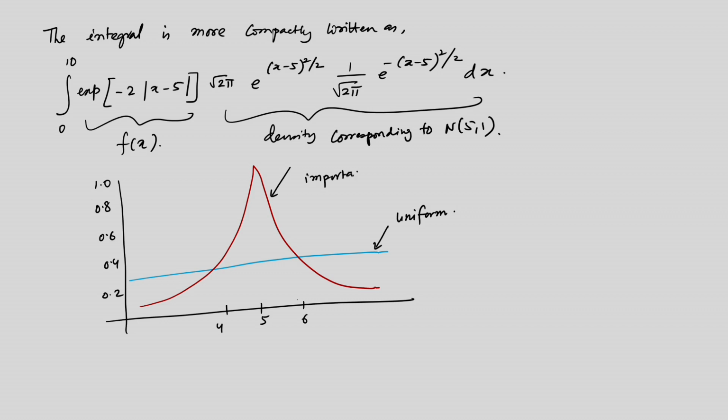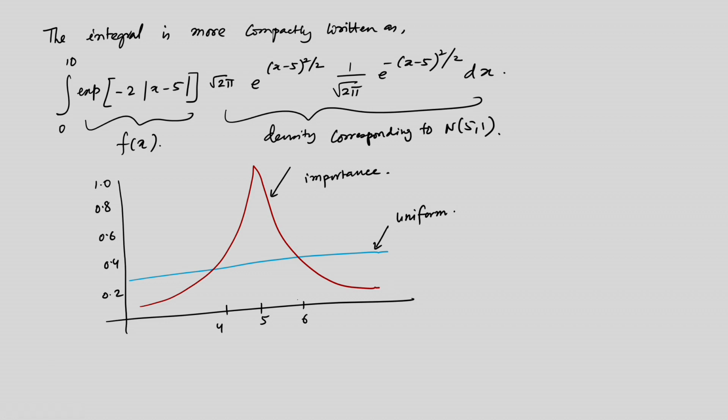You can see that this importance sampling is likely to give better results, because it is peaked at 5 where the function peaks. You have another distribution from which you want to sample, and this distribution is better than the uniform distribution. You see that the value of the function falls off quickly on either side of 5. The uniform distribution does not know anything about it, whereas the importance distribution knows that it falls off quickly.